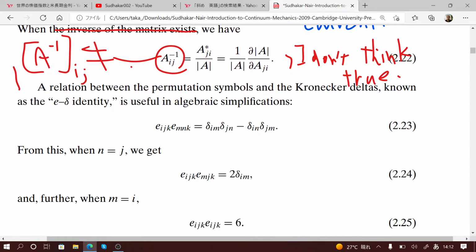Epsilon ijk epsilon mnk equals delta im delta jn minus delta in delta jm.